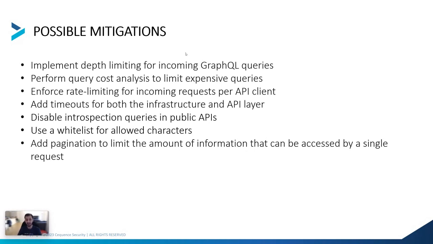Now, disabling introspection queries in public APIs. Disabling introspection is really important because, as we discussed, the underlying API or underlying backend structure can reveal many sensitive data in your system. It's not possible for any developer to just go and figure out if this API is leaking out introspection or not.